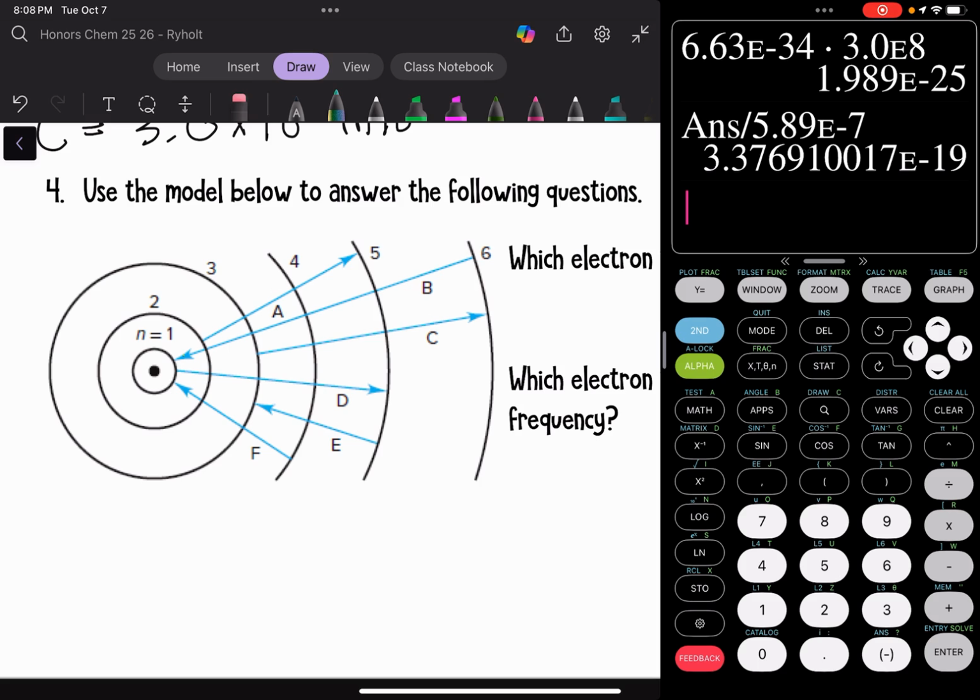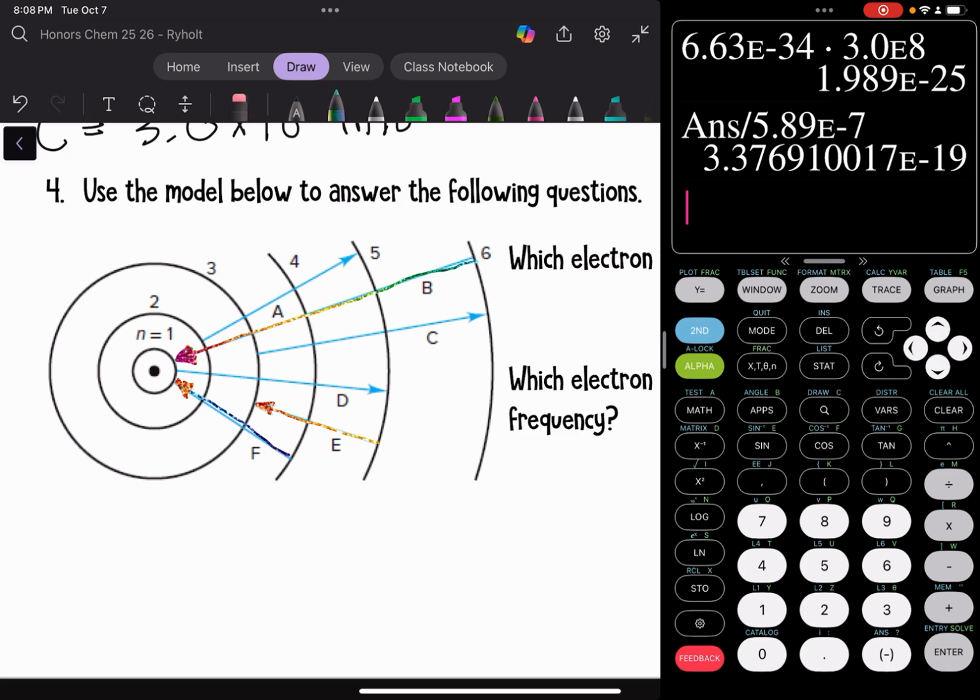So we have one here. This one's going from outside to inside. This one also is moving from outside to inside. And this one also is moving from outside to inside.